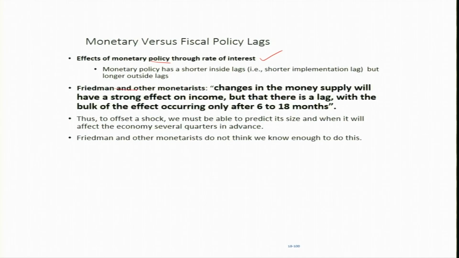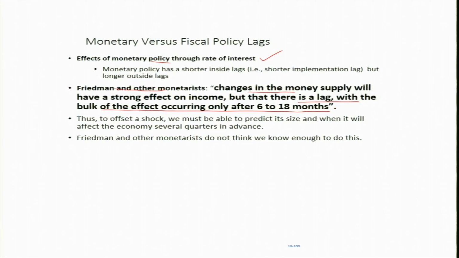For example, Friedman, the Nobel Prize winner and well-known monetarist economist, said, and I am quoting here, that changes in money supply will have a strong effect on income, but there is a lag, with the bulk of the effect occurring only after 6 to 18 months.